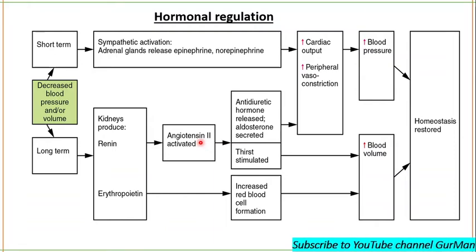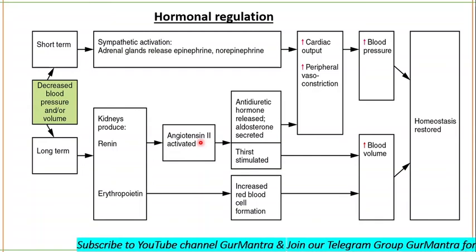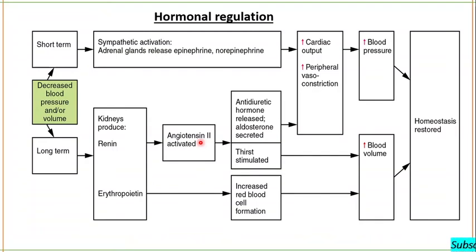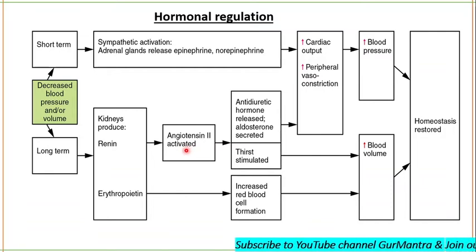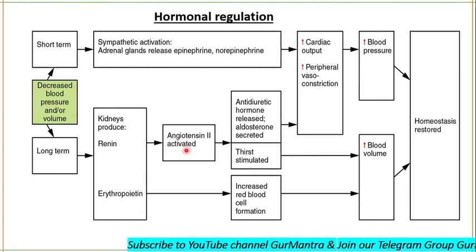Angiotensin 2 decreases the glomerular filtration rate by causing vasoconstriction of the afferent arterioles, and it can enhance the reabsorption of sodium chloride and water in the proximal convoluted tubule.